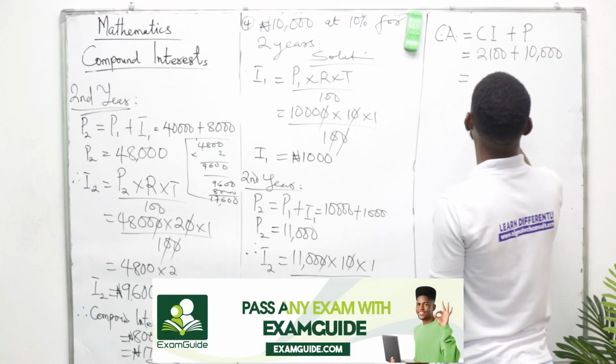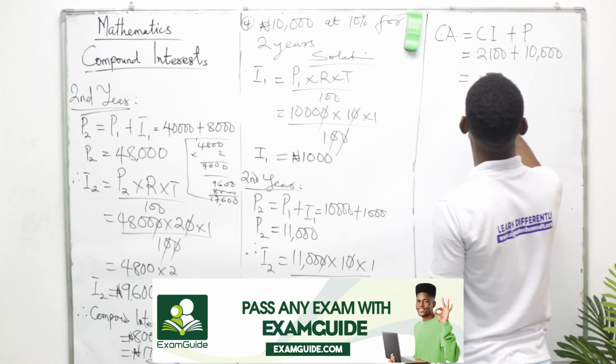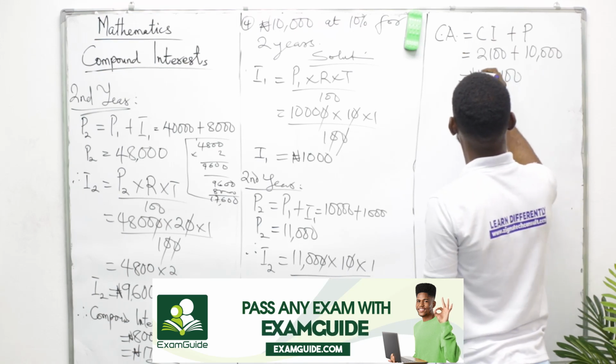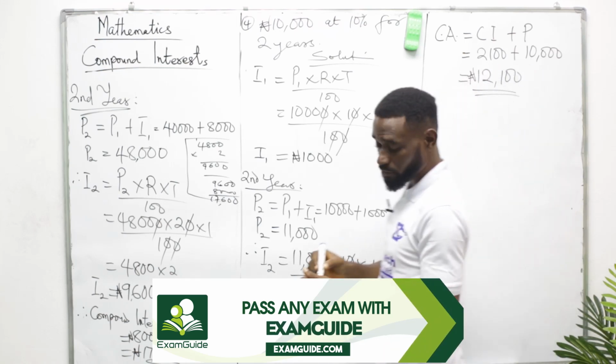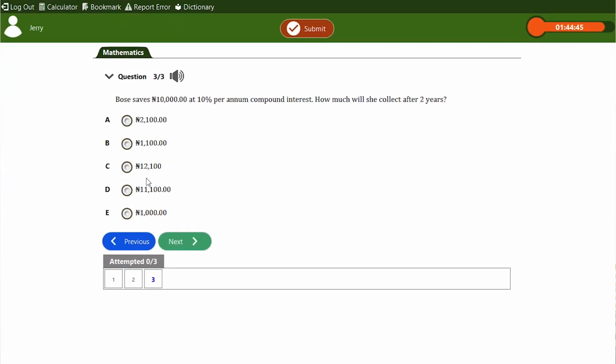It means that 10,000 naira plus 2,100 will give us 12,100 naira. So we have option C, Bosse takes home 12,100 naira at the end of 2 years.